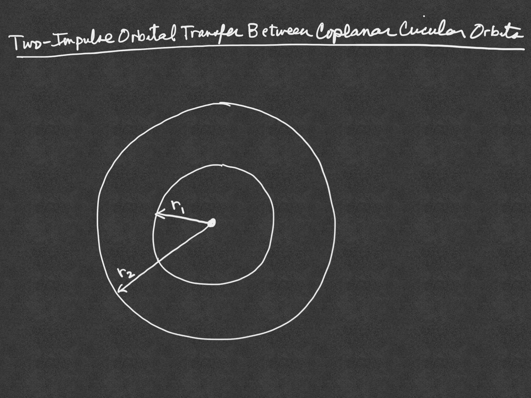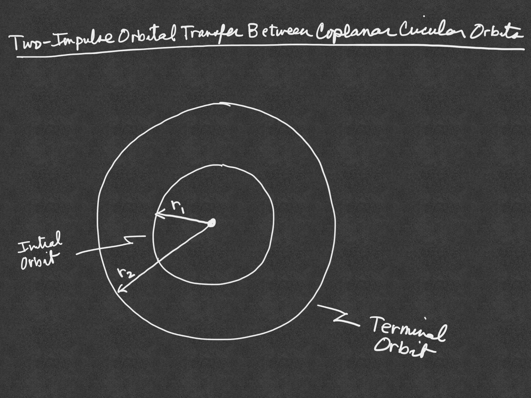So on this diagram, I have two orbits. The first orbit is my initial orbit, and it has radius r1. The second orbit, which is the larger orbit, is the terminal orbit, and it has a radius r2.